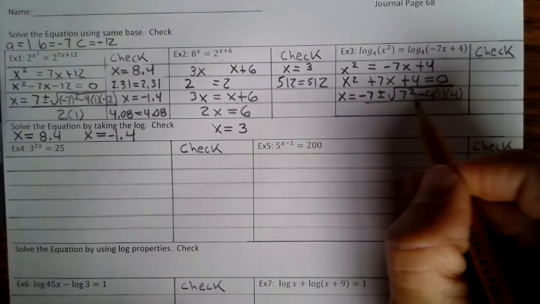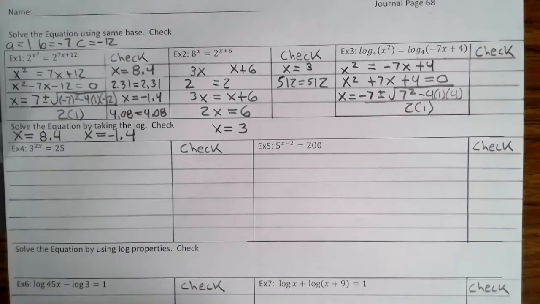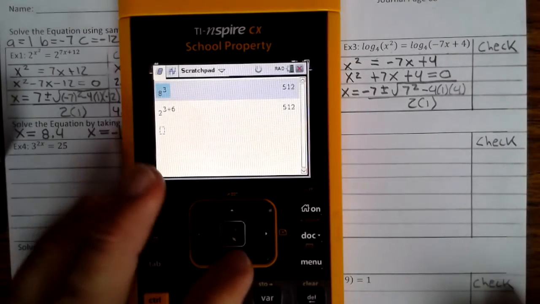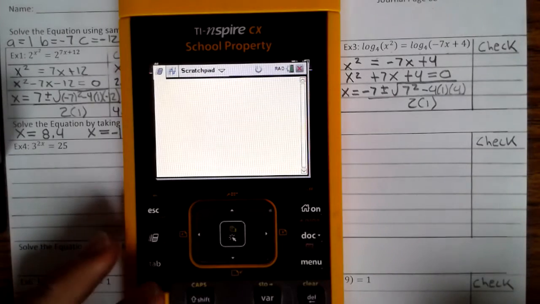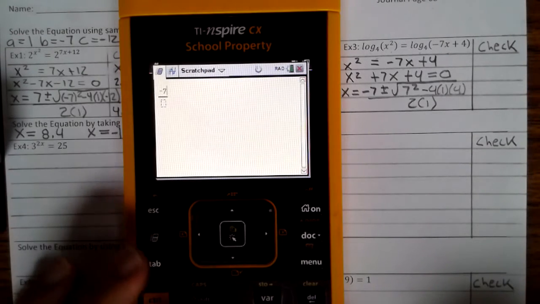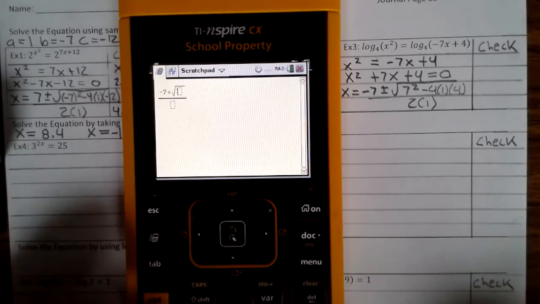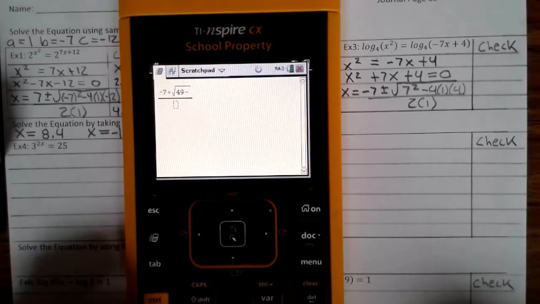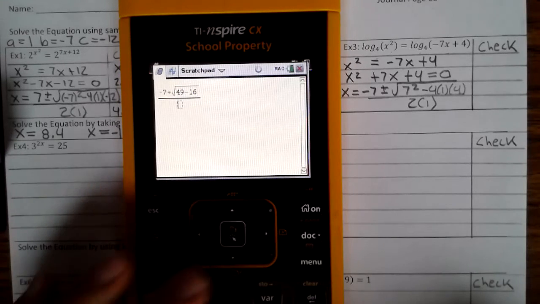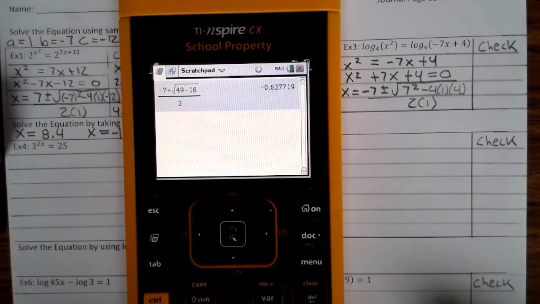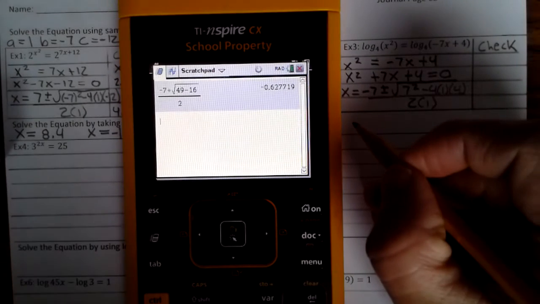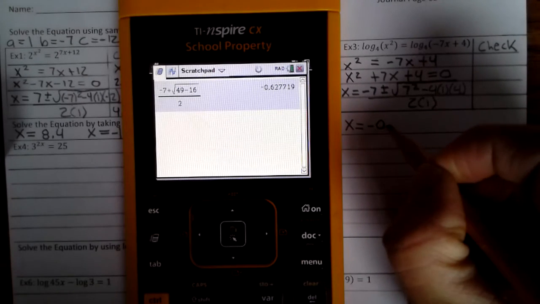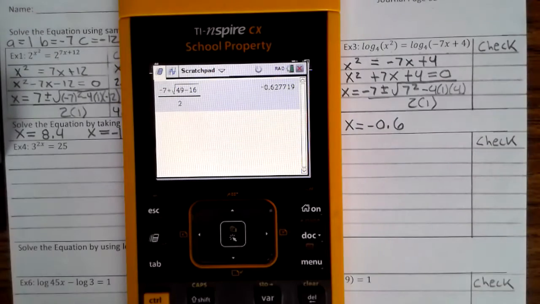So let me clear this out. So that's control divide, negative 7 plus control square root of, we know that's 49 minus 16 divided by 2. Okay, so we see here, we're going to choose one decimal place, x equals negative 0.6. Okay, and let's go ahead and check that first. So let's check x equals negative 0.6.